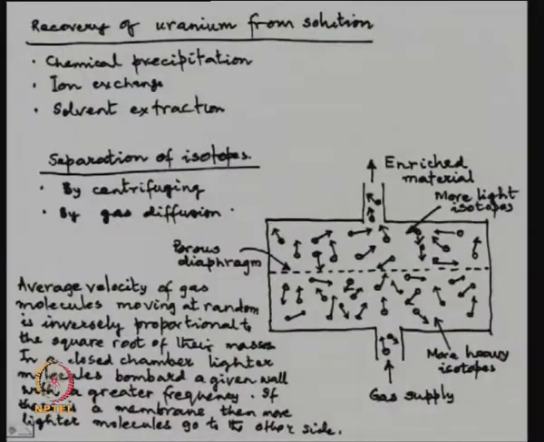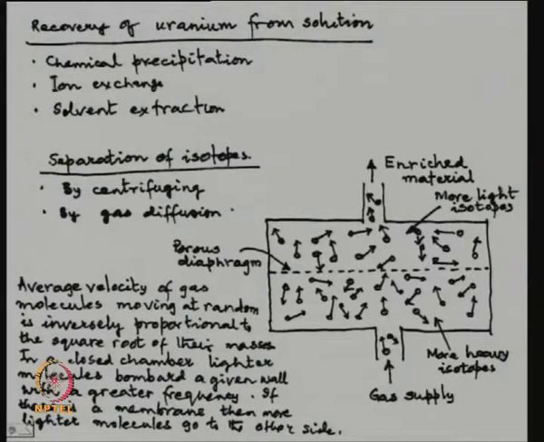Like in hydrogen also, we have different isotopes, but when water is reacting, all the isotopes react in the same manner. So, when uranium is reacting as an element, the different isotopes all react in the same manner. So, you have to first produce a pure compound of uranium.